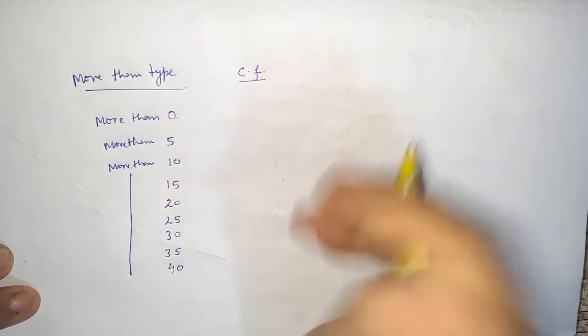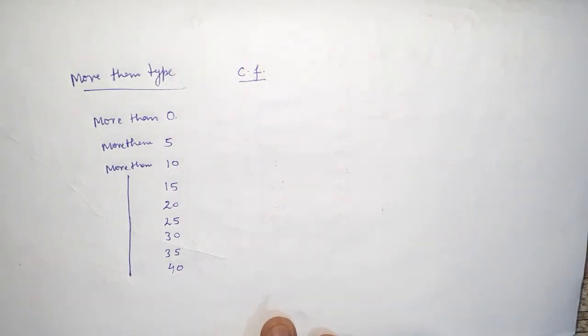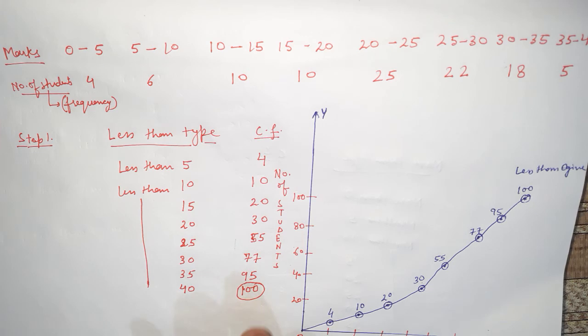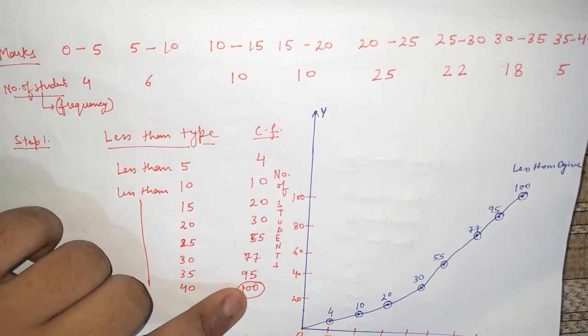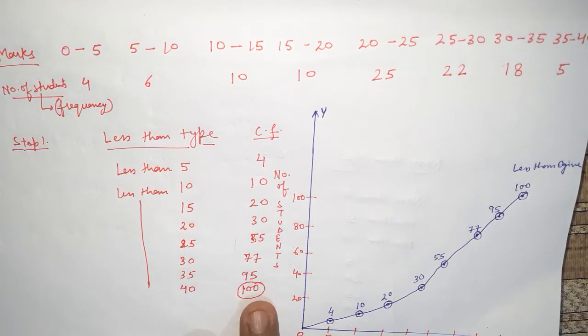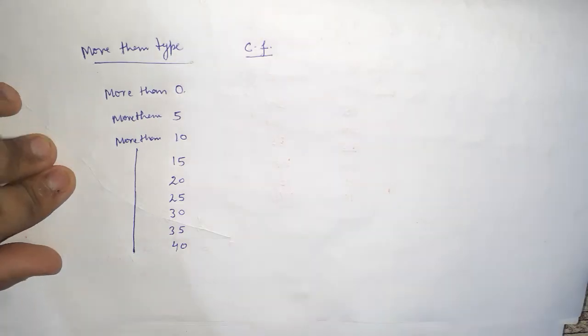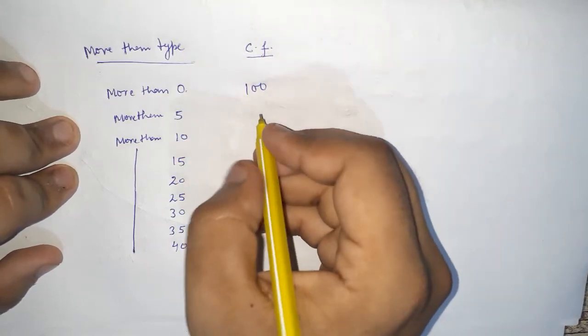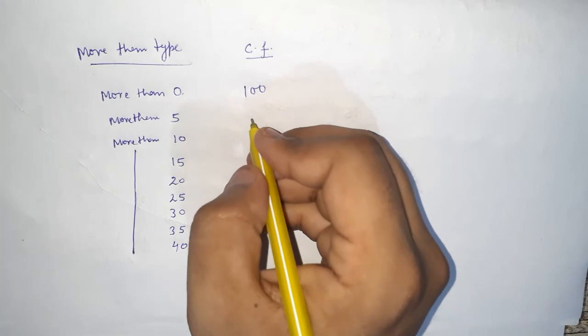So cumulative frequencies we have calculated in the last less than type. So what are these? These are the cumulative frequencies, as you can see. Now we'll just reverse this cumulative frequency in more than type. So we are going to reverse it. From last we'll start the first. That means the first cumulative frequency will be now 100. After 100 we'll have 100 minus 4, that means the next frequency.